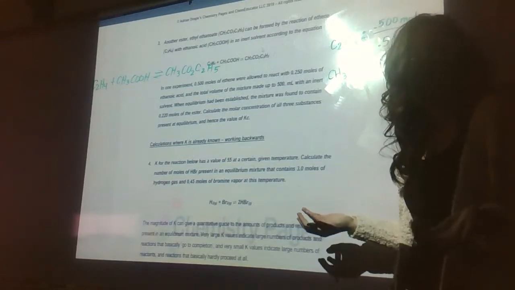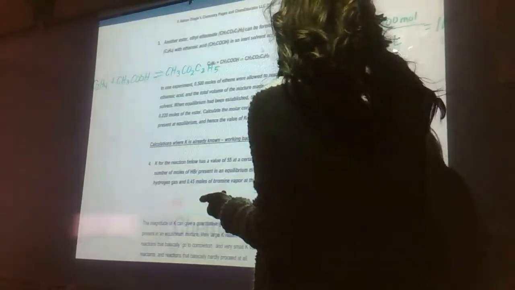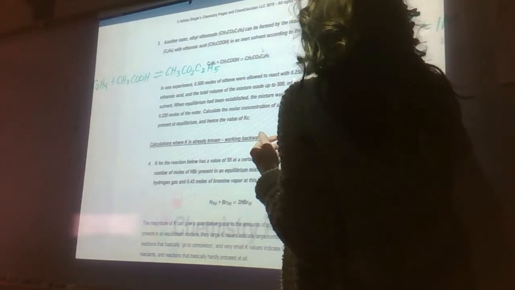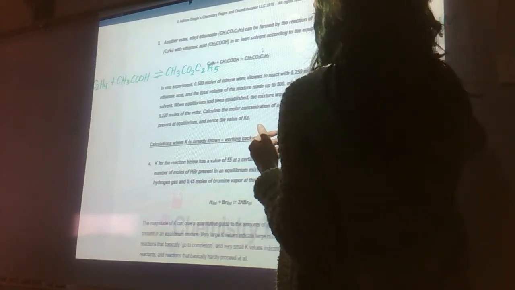And my ethanoic acid is another word for acetic acid, which is vinegar. We have 0.25 moles divided by 0.5 liters. So 0.5 molar. Those are our initial concentrations of our reactants.